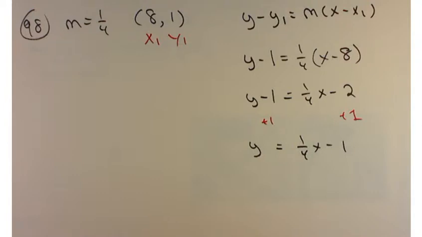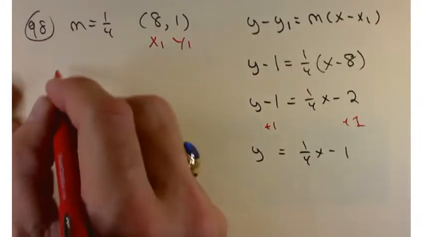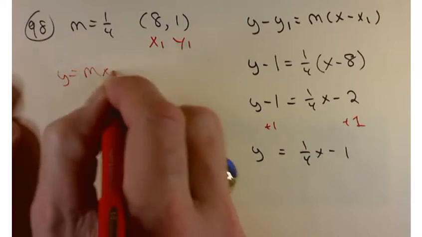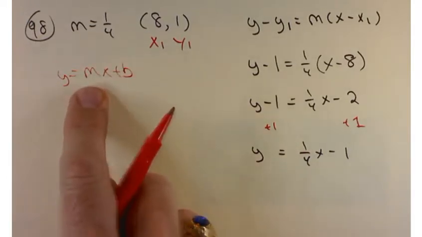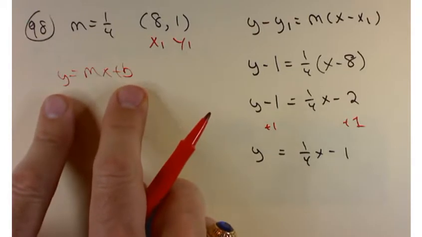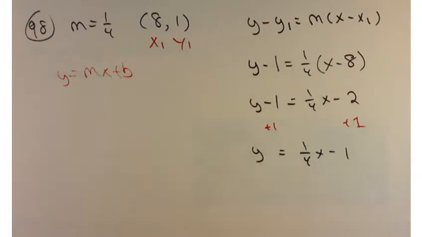So what Nolan's suggesting is that you have this equation y equals mx plus b. We already know what the slope is, it's 1/4. So you can actually plug in some values and then solve for b. Nothing wrong with that. I just don't teach it that way, but there's nothing wrong with it.